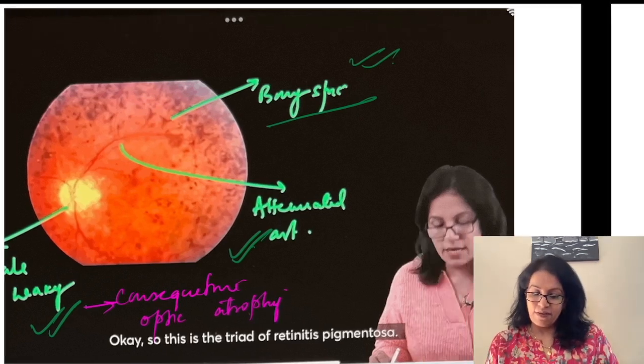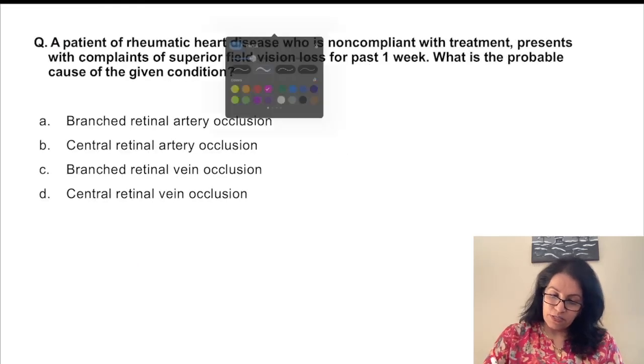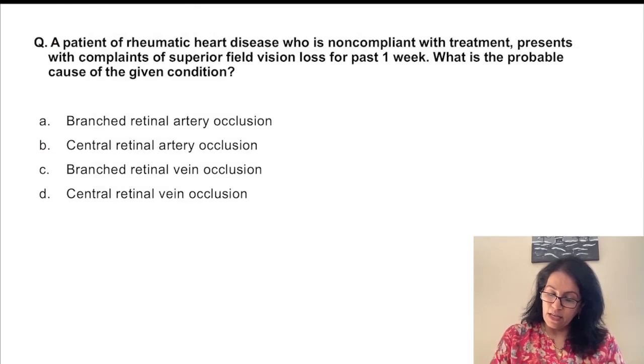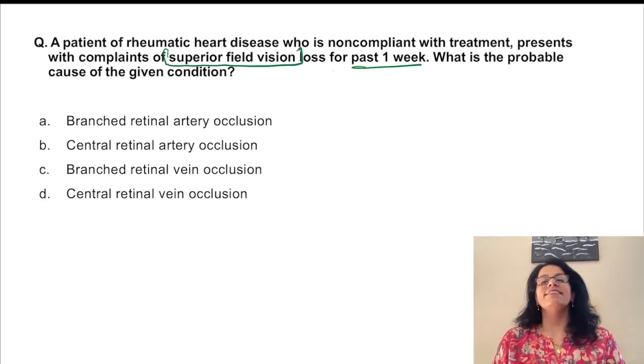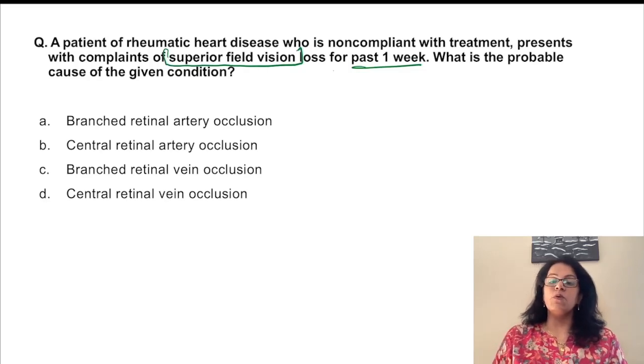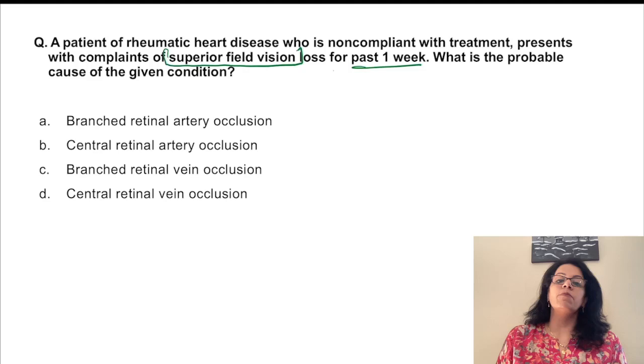Right. We come to the next. This next question, let's read it together. A patient of rheumatic heart disease who is non-compliant with treatment presents with complaints of superior field vision loss for the past 1 week. What is the probable cause? If you look here, when you talk about rheumatic heart disease, of course all these four options are possible, right?